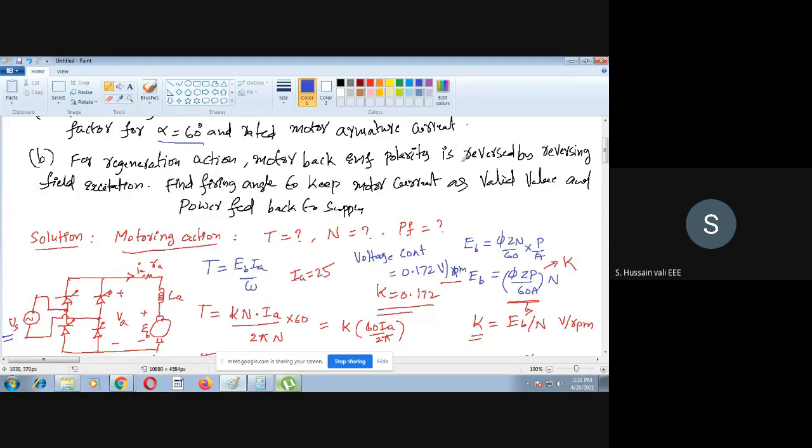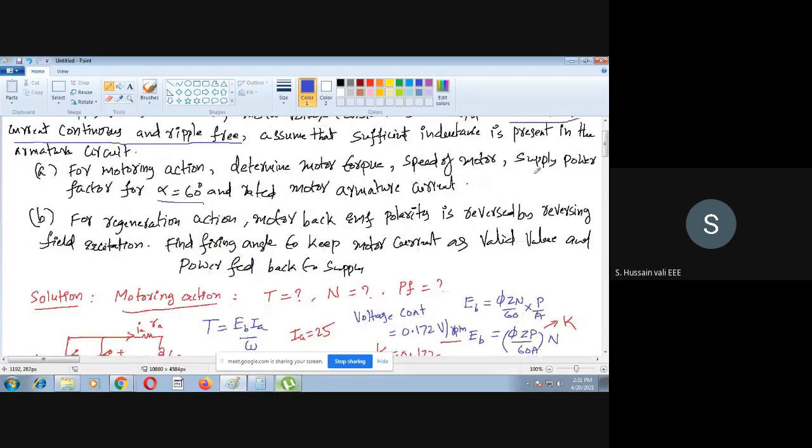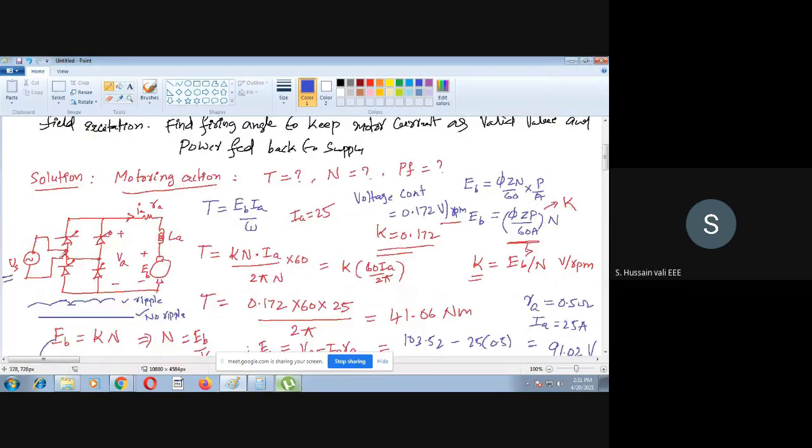He said supply power factor. Last class I told you that supply power factor in the sense you have to find out the power factor at the input supply. Regarding the power factor, I told you that you cannot use cos alpha or cos theta as power factor, because that is valid only for sinusoidal excitations or sinusoidal variables.